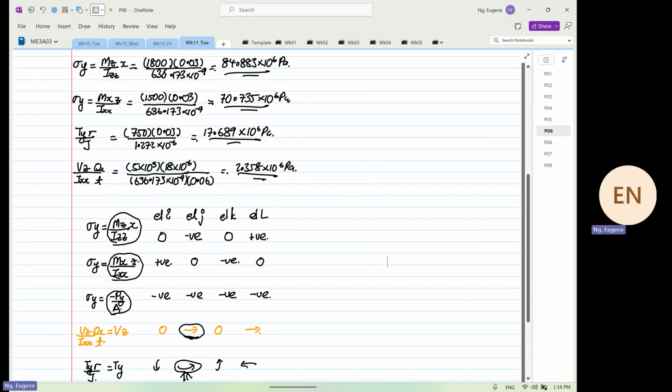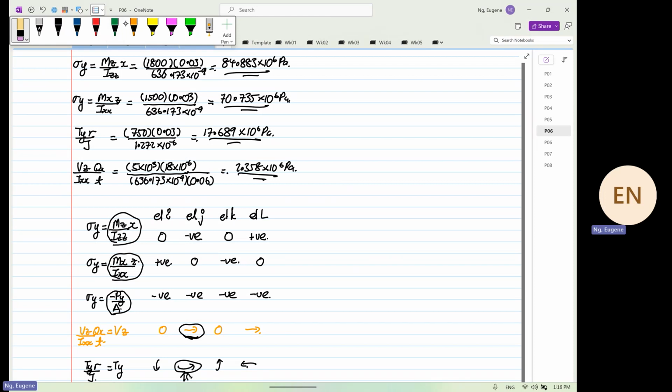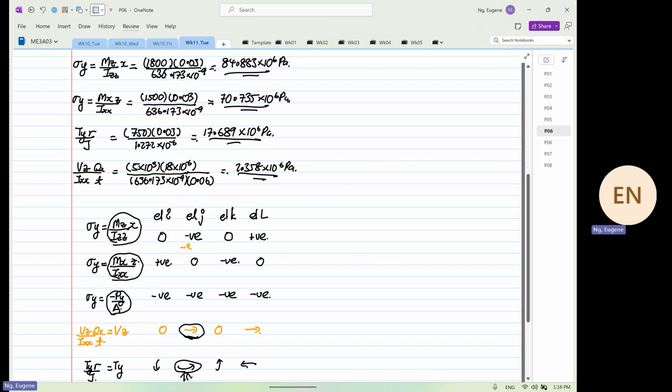Due to MZ, this is minus 84.883. Not a very good color, Eugene. I'm going to change. So this is minus 84.883. This is plus 84.883. And then stress Y due to MX is equal to what?